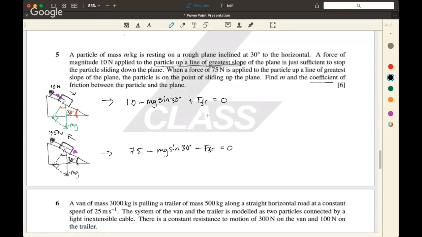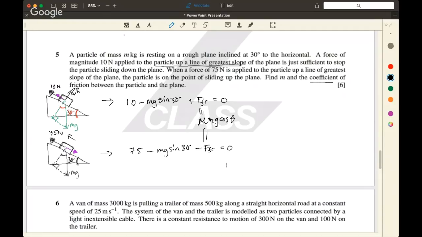And in both cases, the force of friction is equal to mu times R, and R is acting out like that in order to balance the into-the-plane action of the weight. So it's mu mg cosine of theta.